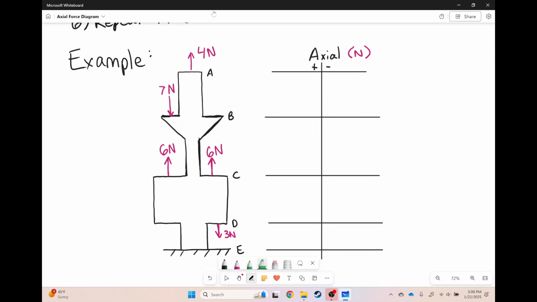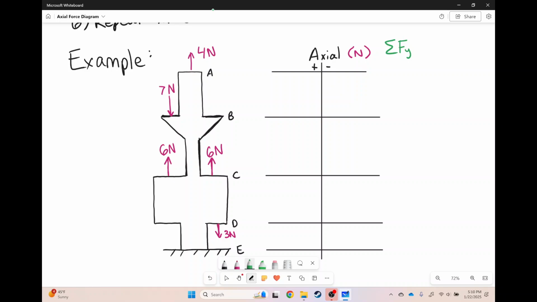In this case, as just a little aside, that's the sum of the forces in the y direction. We're not calculating any moments. We're not calculating any x forces. We are simply looking at the forces in the y direction because that is the axis of the member. So in this case, it'd be like a column, and the axial force is down the axis of the column.